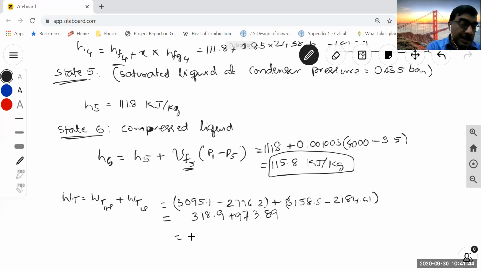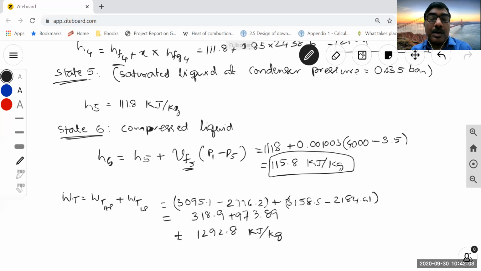So we shall add these two, with 318.9. So that means 1292.8 kilojoules per kg. So total turbine work is this one. This is the total turbine work.